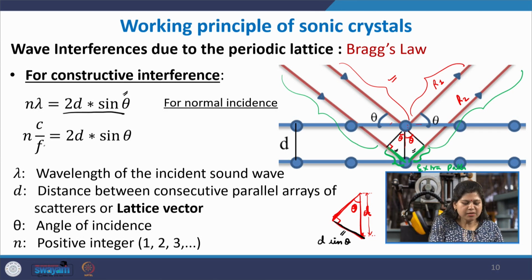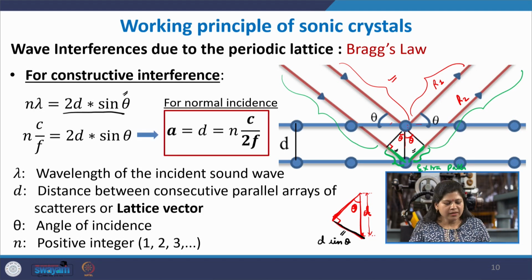So, n c by f is 2d sine theta, and suppose normal incidence had to happen, which means that theta was 90 degrees, then sine 90 would be 1. Then you can simply say the periodicity, the spacing d, is n times c by 2f. You can get this from this relation.